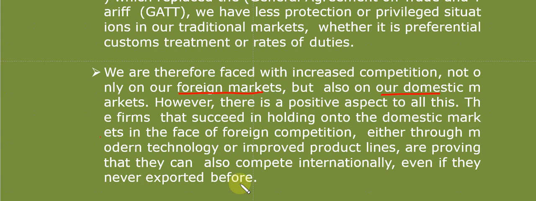Once we have a higher tariff, even if you have very competitive, very fancy and very functional product, you are very scared because another trade barrier can come up. Trade barrier is very scary.